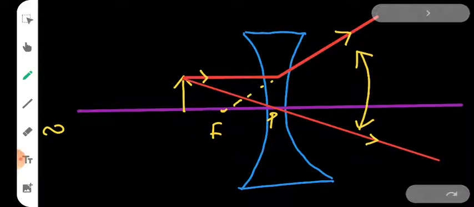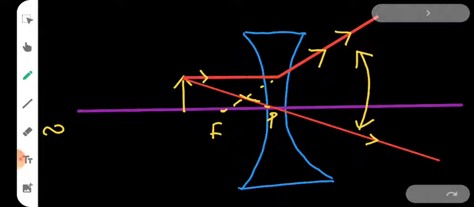See, the first ray appears to be coming from the focus, and this ray, which is in fact crossing the pole, appears to be coming from that same direction, because it has come undeviated. So as you extend it beyond, you will see it comes from there.